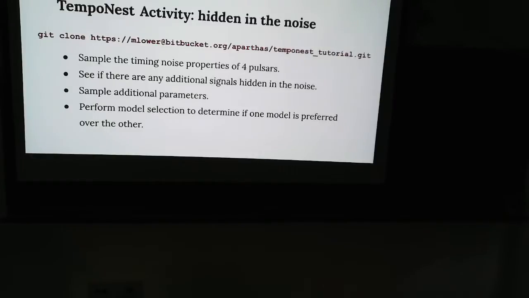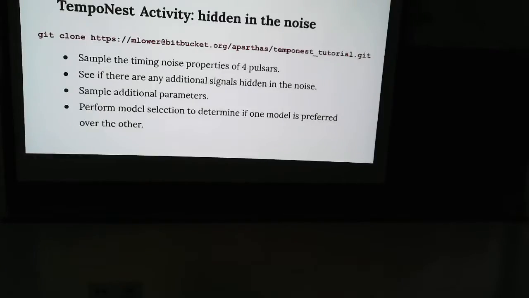Anyway, the point of it is that we've given you the timing models and TOAs for 4 different pulsars, and we'll be going through and trying to see if there are any additional signals hidden underneath the timing noise in these pulsars.